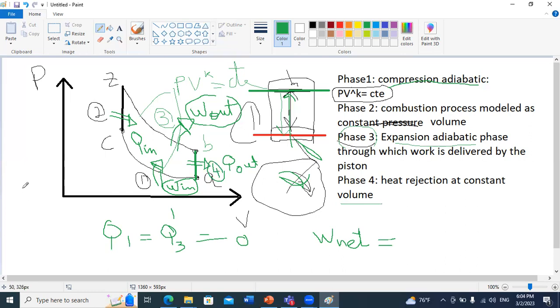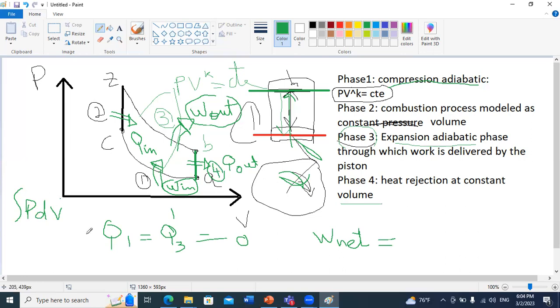It's the integral of PdV. Exactly. Do you have any change in volume in phase 2 or phase 4? No, it's at constant volume. Exactly. That's why during phase 2 and phase 4, we don't have any work.